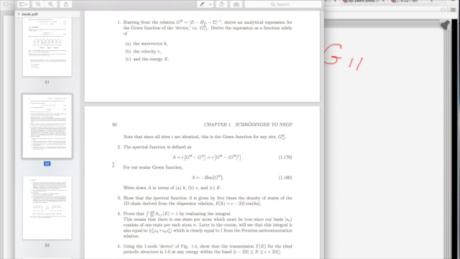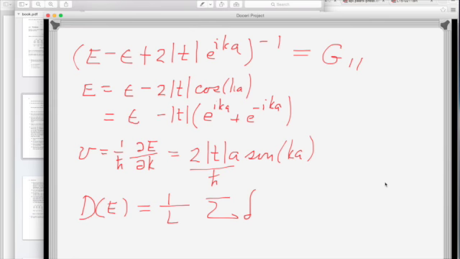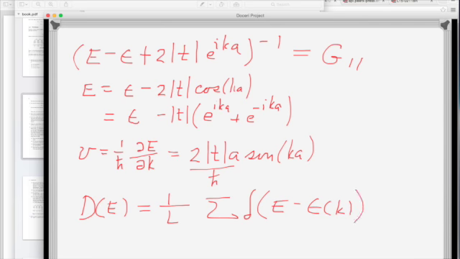D of E is, what is it, 1 over L sum over K delta of E minus E of K. Did I explicitly do that? I can't remember. Yes. For that tight binding chain. Yes. So that's in the 208 notes.